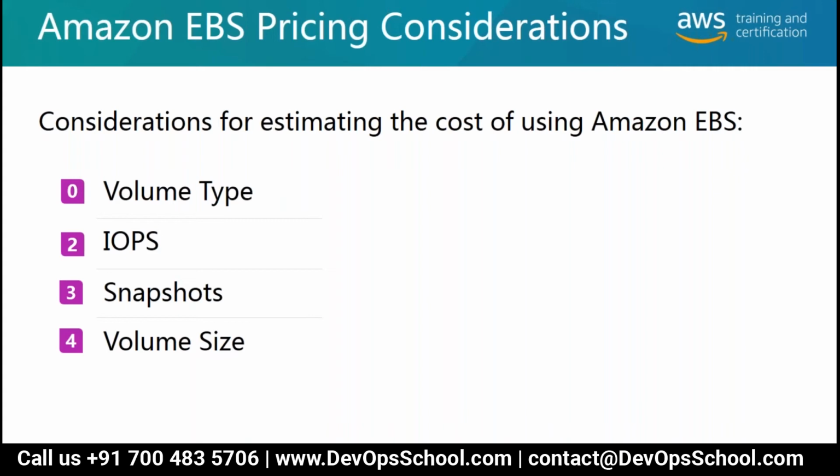As long as you are holding the storage, you will be charged. EBS volumes will be billed in per second increments with a 60-second minimum time frame. So the price will very much depend on the type of volume.